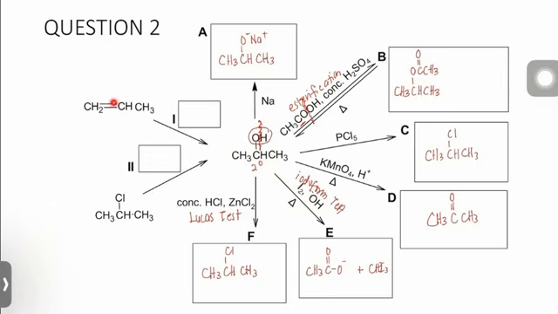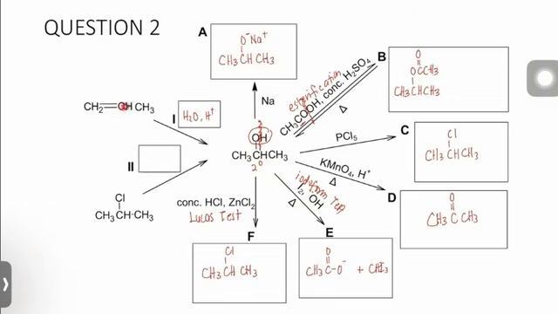Okay, so let's revise. Recall back what we have learned in the chapter of hydrocarbon, alkenes. From alkene, it can turn to alcohol with this reagent, which is H2O, water. Hydration of alkene will form alcohol. So for this addition reaction, it needs to follow Markovnikov's rule.